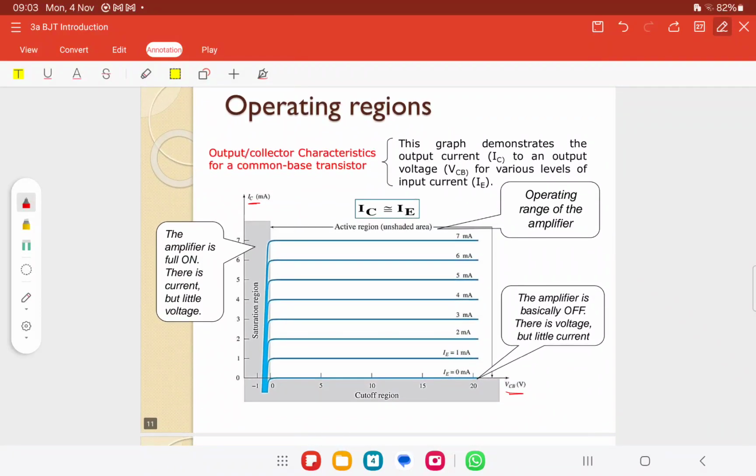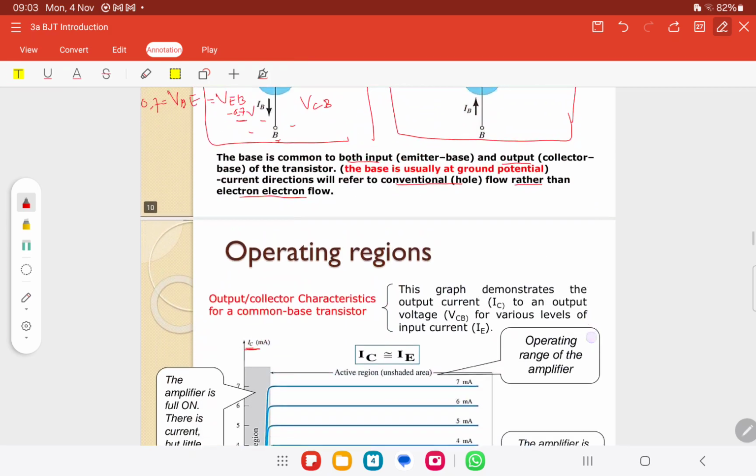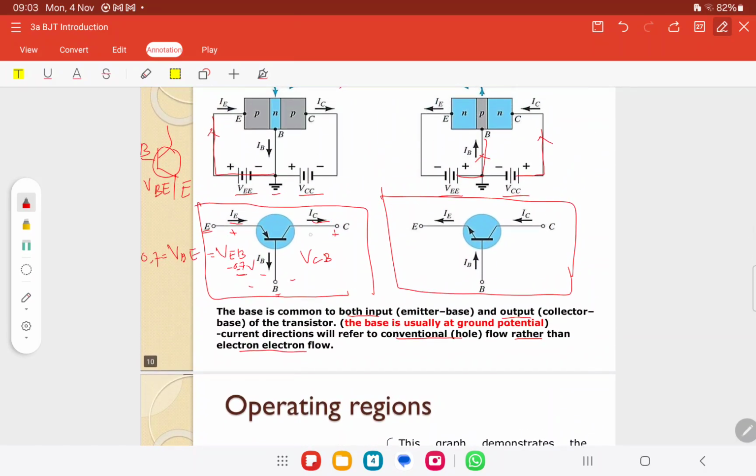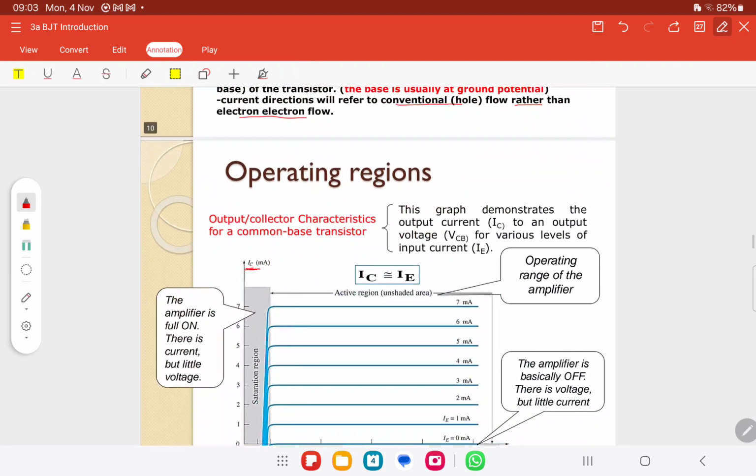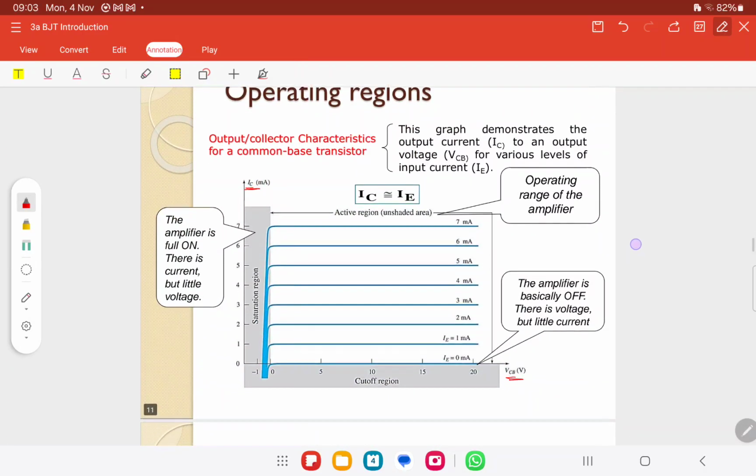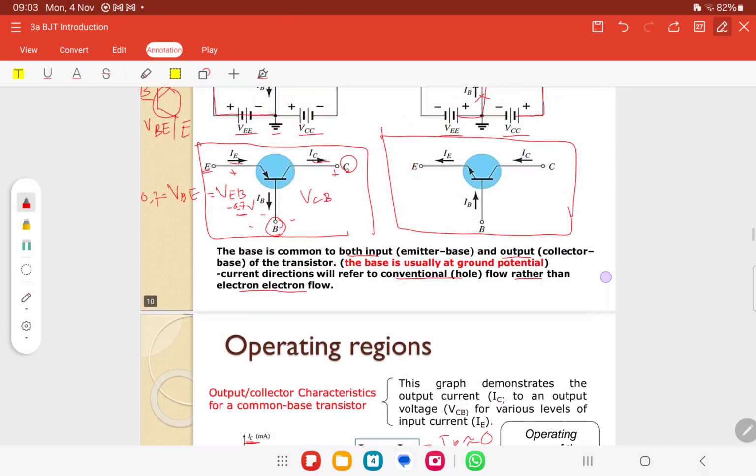IV characteristic. This is for IC versus VCB. VCB dekat sini tadi, in between emitter to base. Okay, this is the output collector characteristic for common base, and we consider for this one IB is equals to 0 because kenapa?